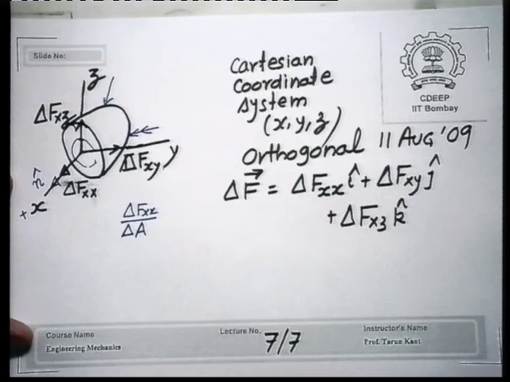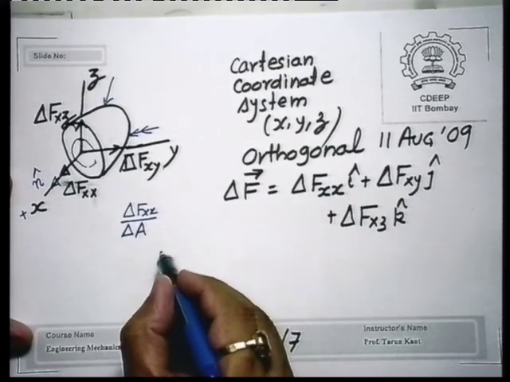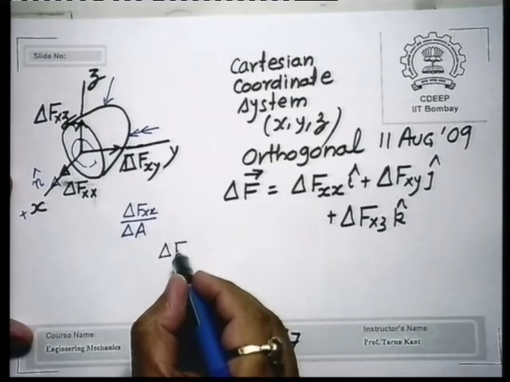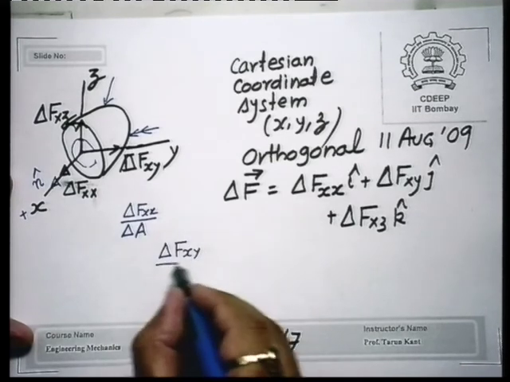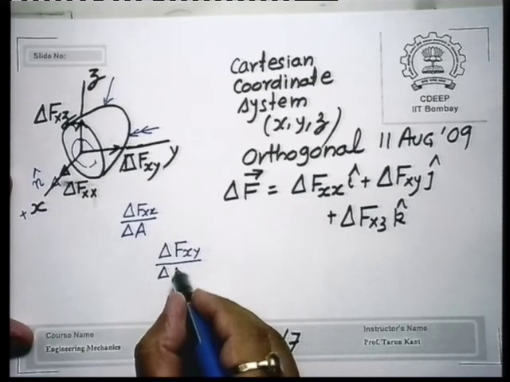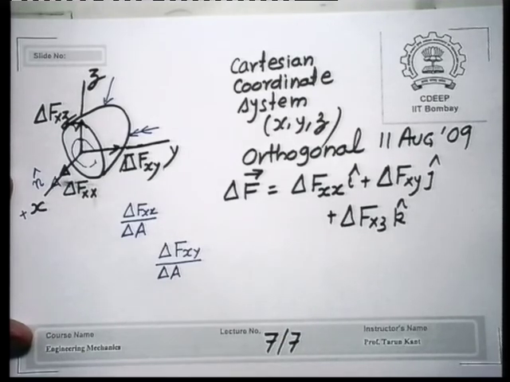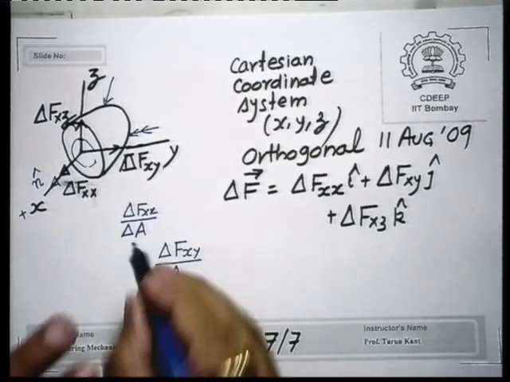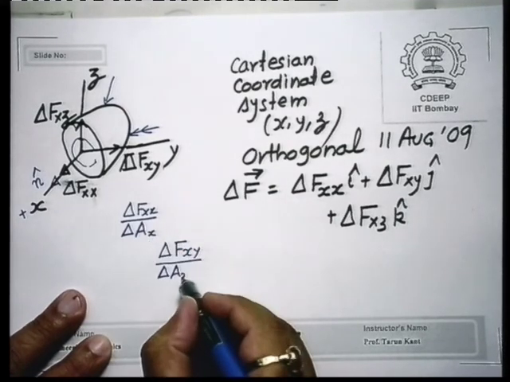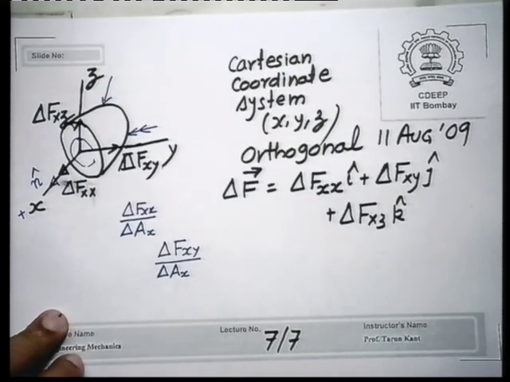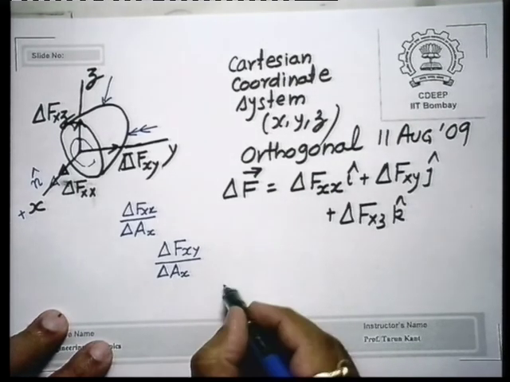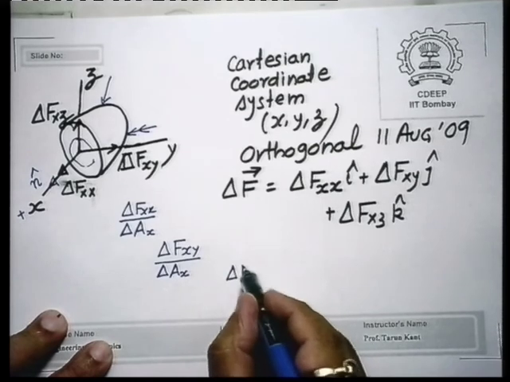Delta A is the area around point P, a small area. Next one I will take delta Fxy by delta A. Now A here means Ax, because the outward normal is in x, so I can put Ax, defined by outward normal, and the third one is delta Fxz by delta Ax.